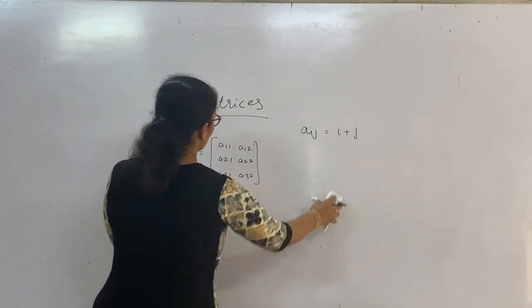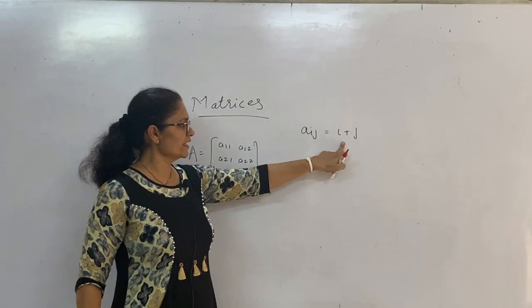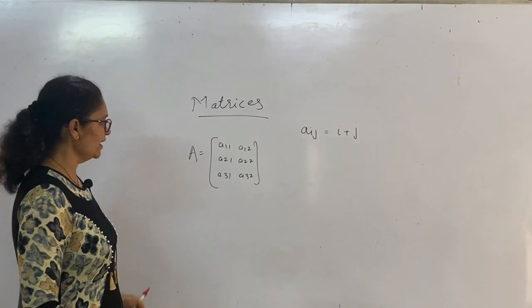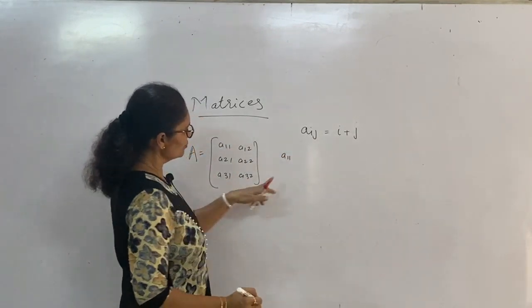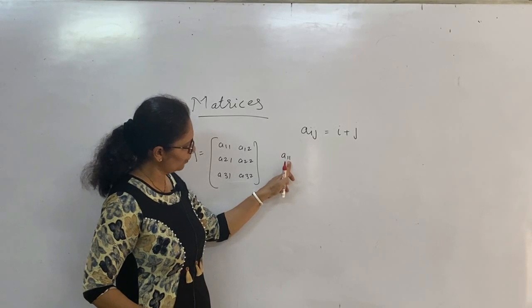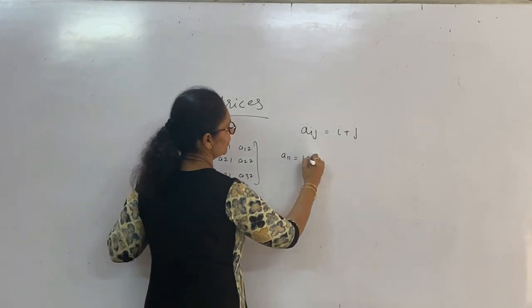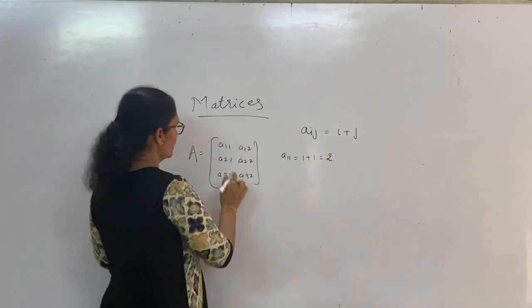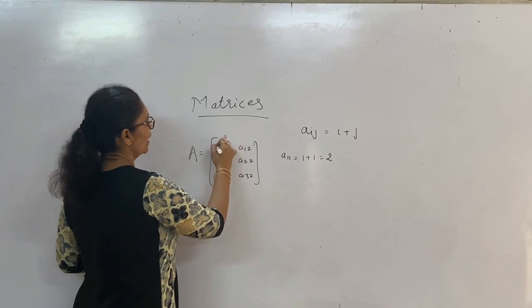Now you have to make one matrix this way, but what is the relation of i and j? That sum of i and j. So when we write first A11, what is your first one? i is 1, j also 1. So we can write 1 plus 1 will be 2. So our first element that we are writing is 2, A11.